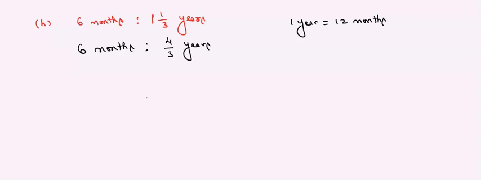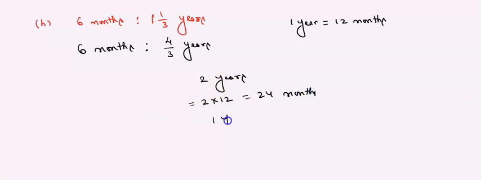If it is 1 year, it is 12 months. Then how many months are there in 4 by 3 years? Example, if it was 2 years, so 2 years equals how many months? How will you calculate? That is 2 into 12. 2 into 12 is 24 months. Correct, no?